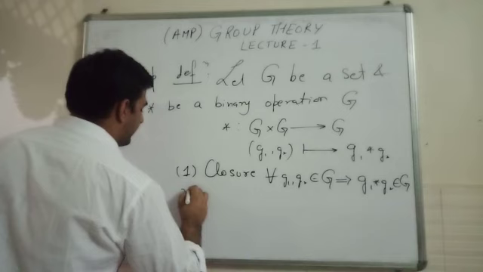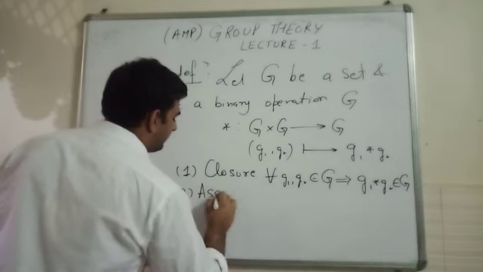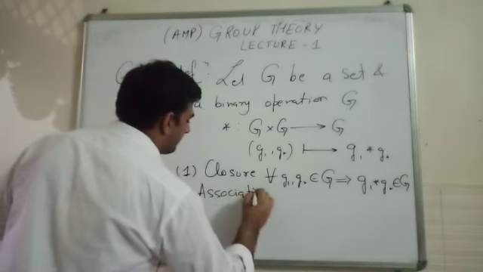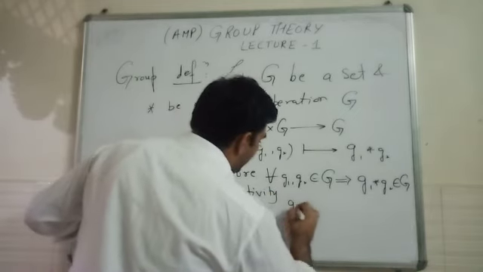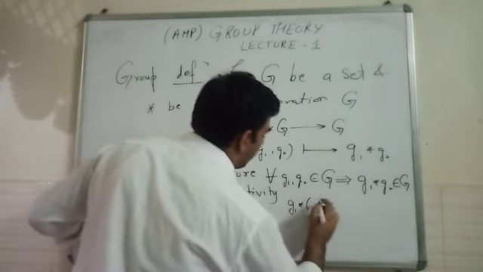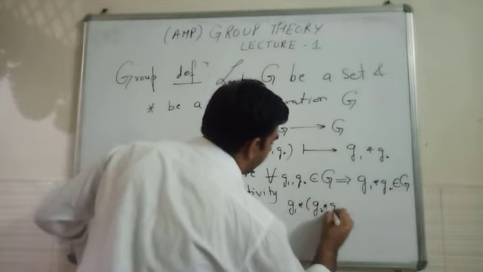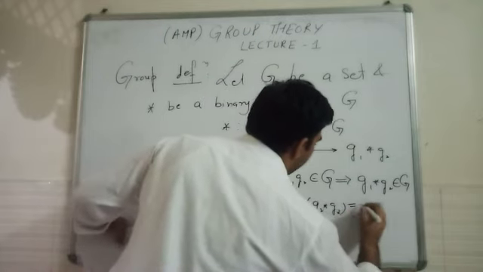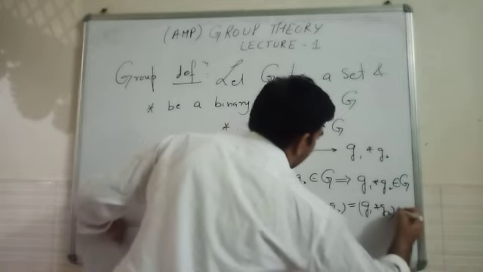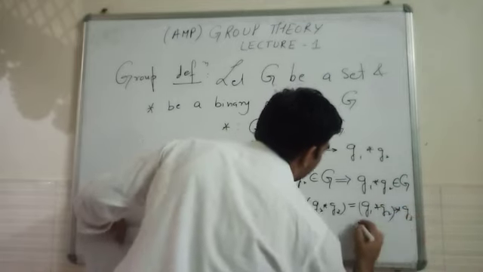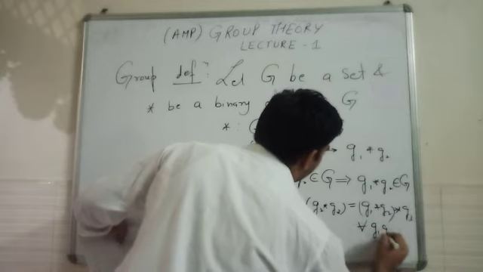The second one is associativity. It says that g1 star, and then you do the g2 star g3, must be equal to g1 star g2, and then you star it with g3. And this must hold for all the group elements in the group.